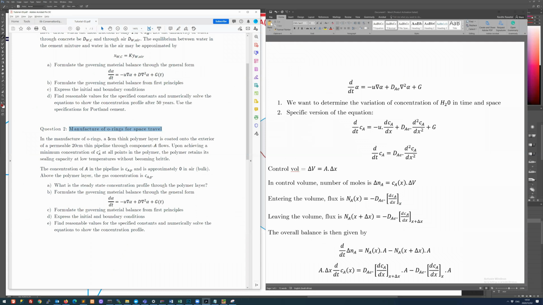It's a 5 centimeter thick polymer layer coated onto the exterior of a permeable 20 centimeter thin pipeline, through which component A flows. So this is actually talking about the manufacture of O-rings.